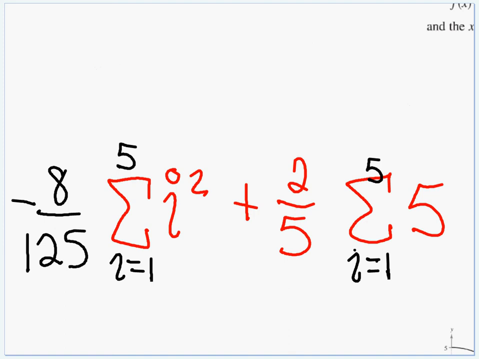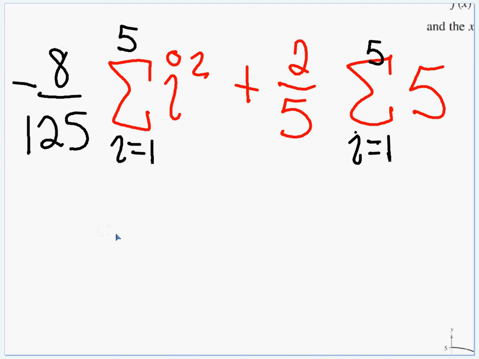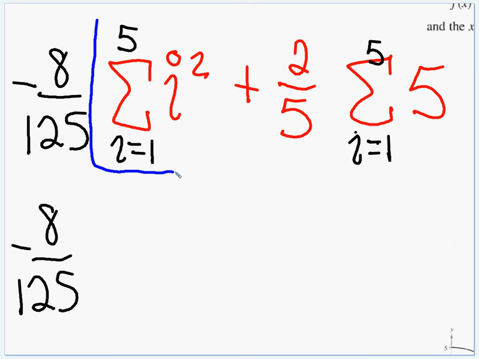All right. We are now ready to use those brand new summation formulas. So, of course, this fraction is going to remain intact, -8 over 125. But I'm going to block off here in blue. We have this summation. So that is, remember, n times n plus 1.